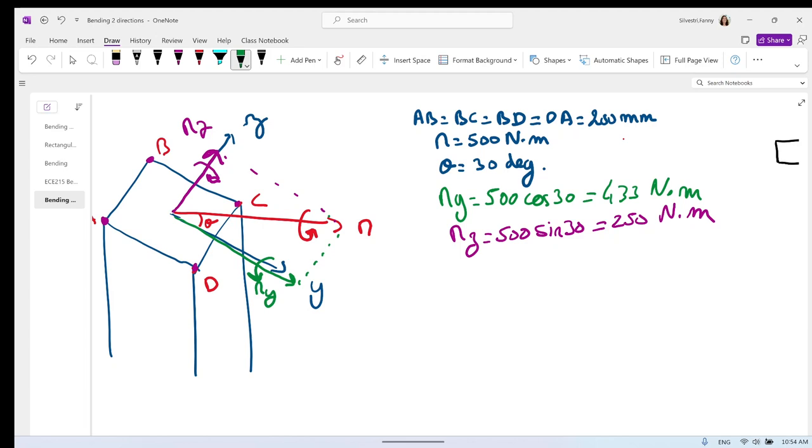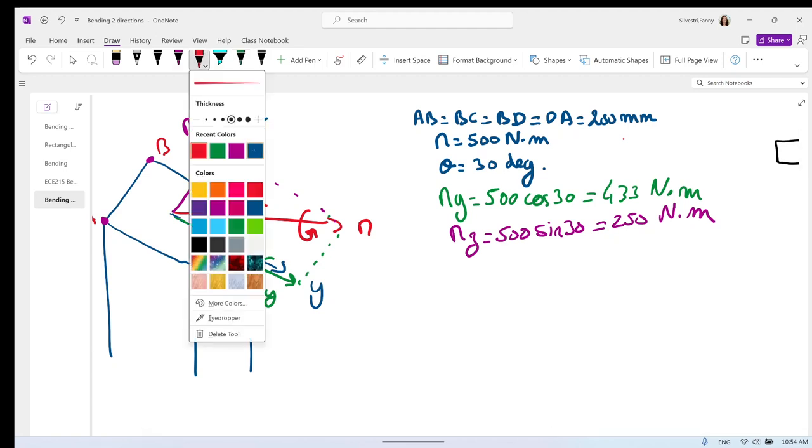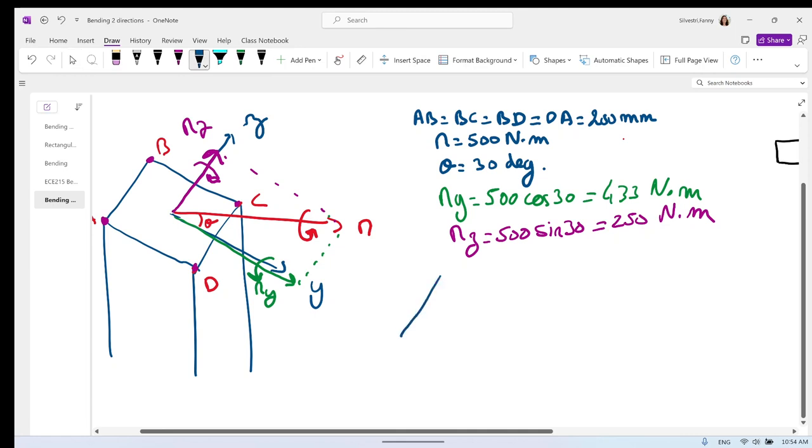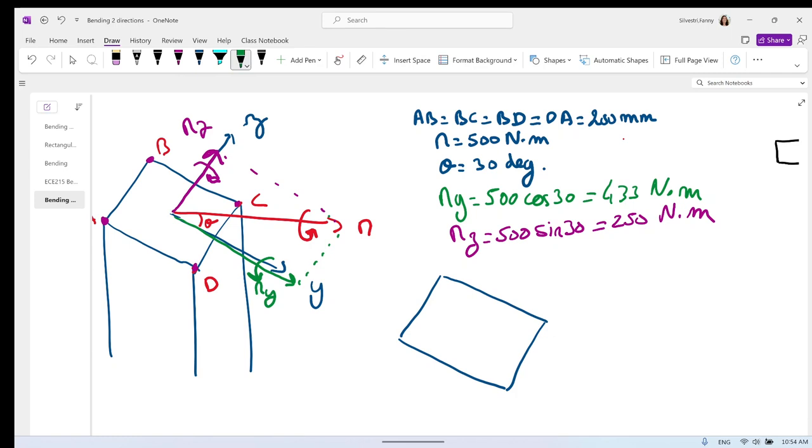So what we need to do is look at both moments independently. So I will draw this surface 2 times, and we will look at only the effect of My. So what happens is that those fibers are going up, tension, and those fibers are compressed.